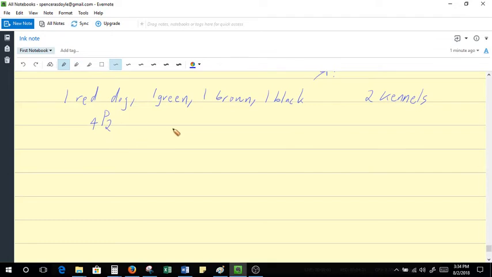So this is 4P2, and our formula for this, because there's no duplicates, is n factorial over n minus r factorial. So we just plug in. We have 4 different dogs, and 4 minus 2 factorial.